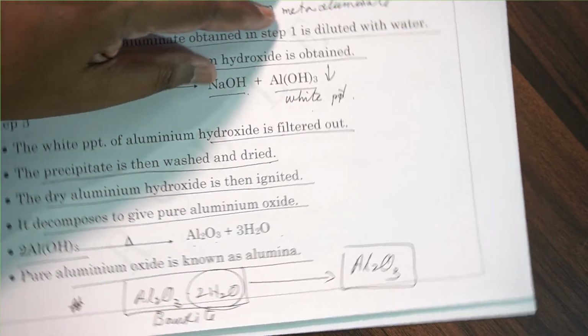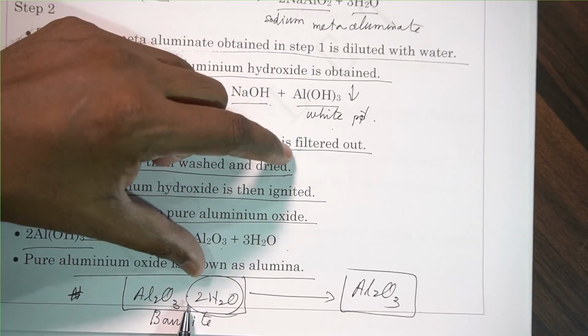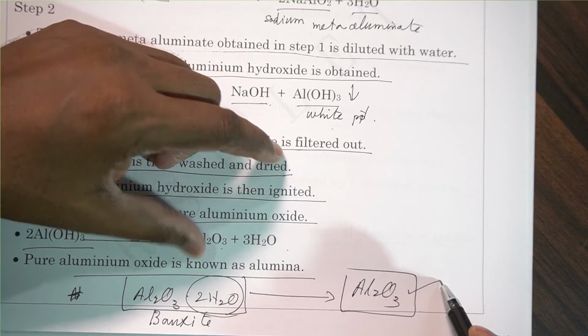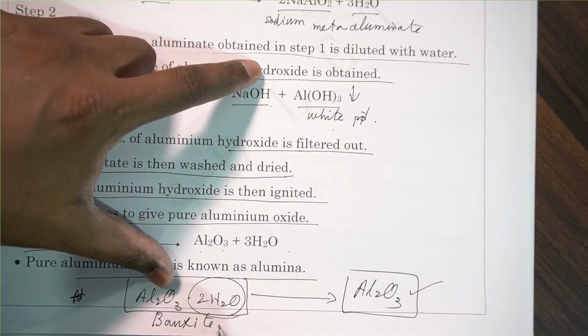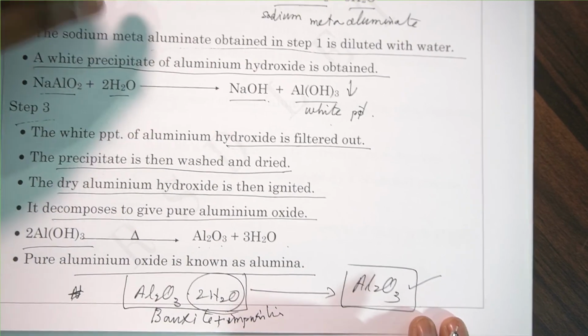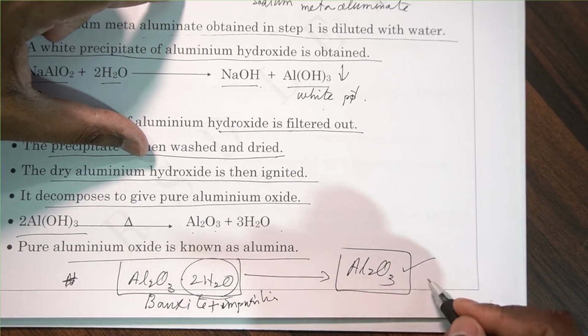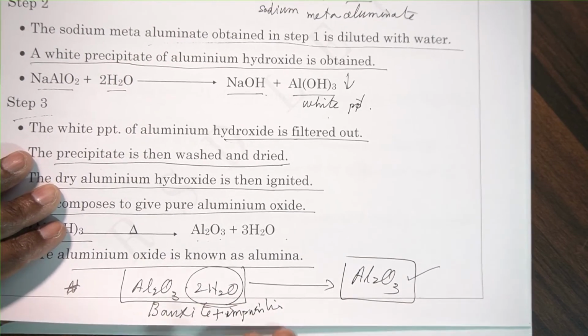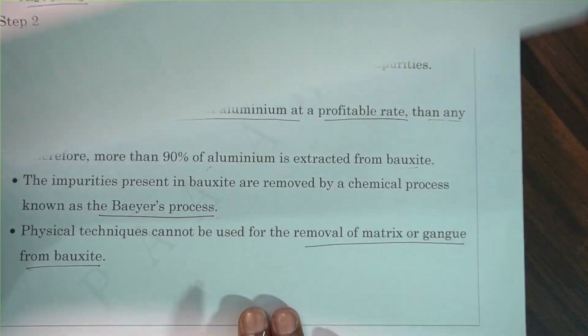This is wrong. Of course, the water molecules have gone and you got Al2O3, but the bauxite contains Al2O3.2H2O plus impurities. Where are the impurities now? The impurities are filtered and thrown off. They are removed. So you got pure aluminium oxide. So removal of the impurities is the main purpose here, to get pure alumina. That is the purpose of this Bayer's process.